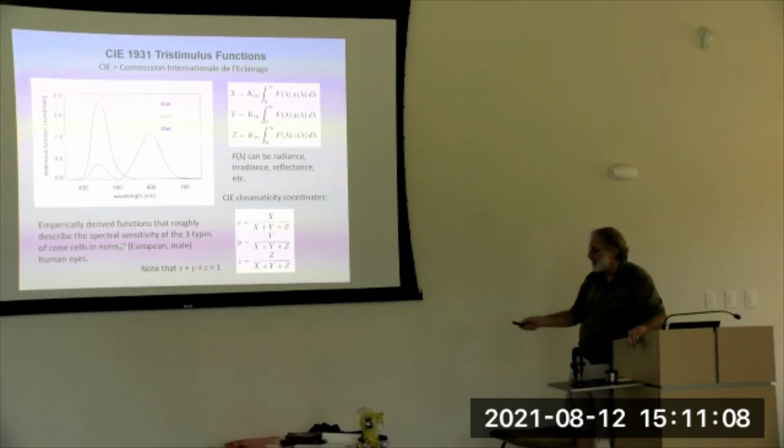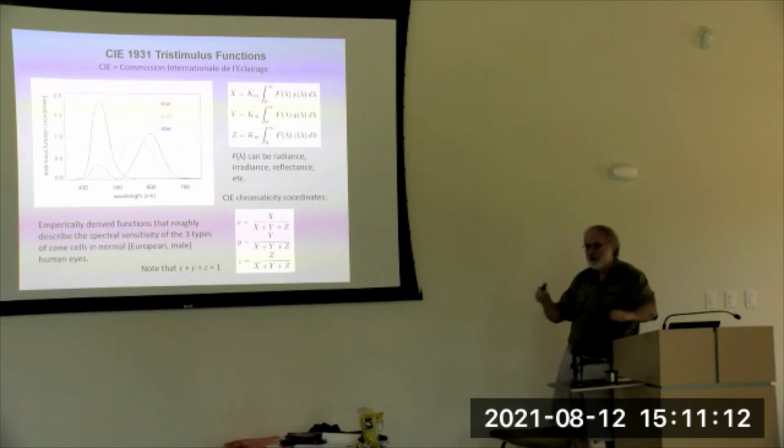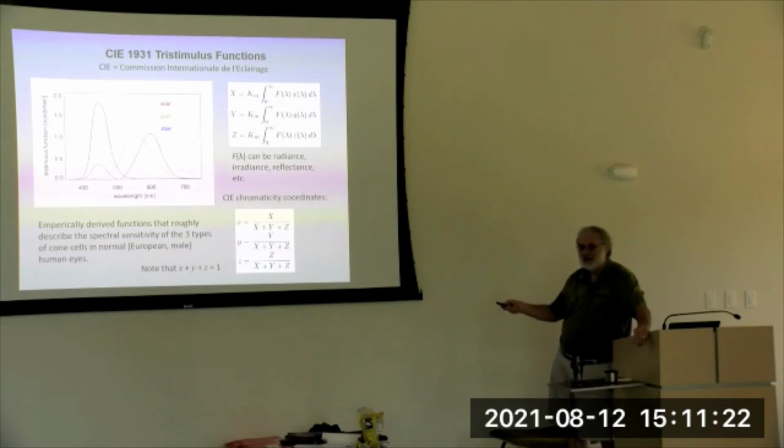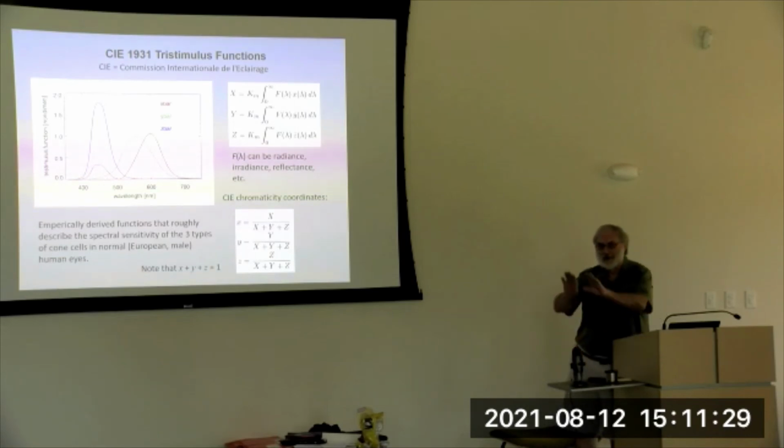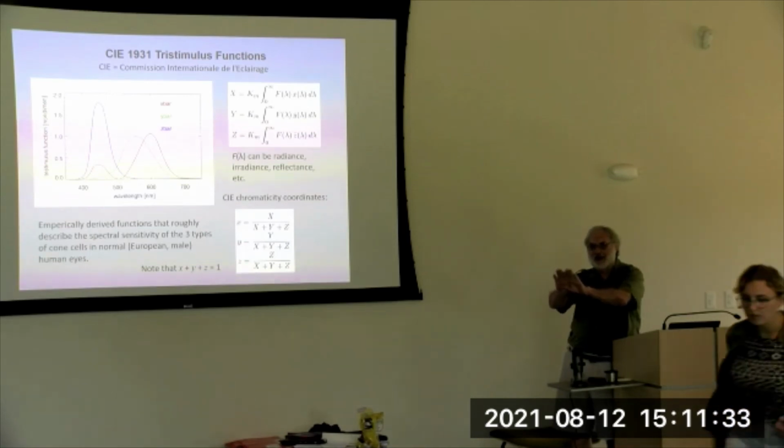And then they come up with these curves. Well, what they found was in order to get a match, you had to have this little bump down here. So it's not really how your eye sees red light, but it's just what they found they had to do in order to get a way to describe what your eye sees.